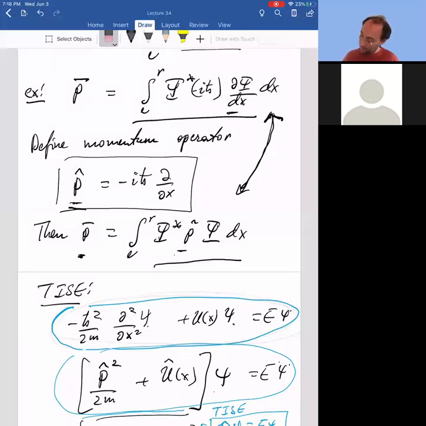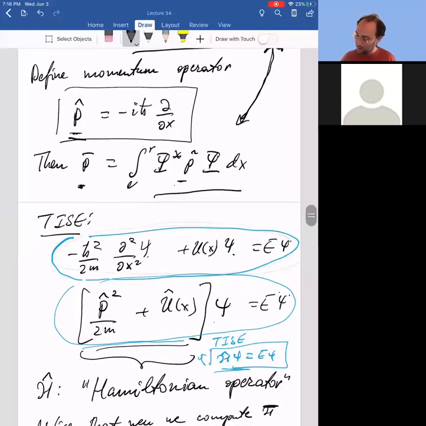And I can also define the potential energy operator, U hat.